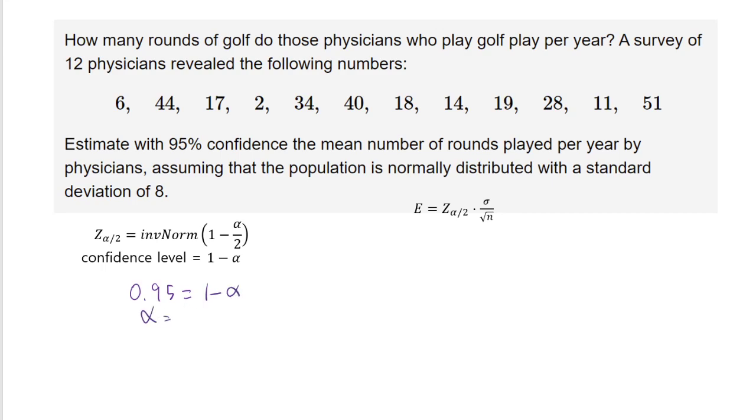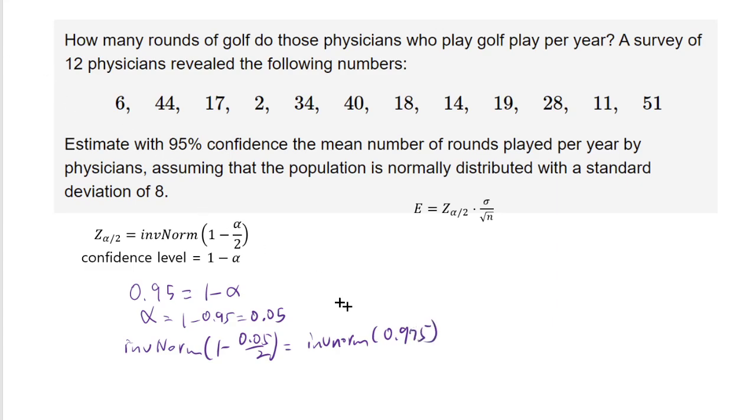So alpha must be 1 minus 0.95, which is 0.05. And then from there, you need to calculate inverse norm of 1 minus 0.05 over 2. And that's inverse norm of 0.975.